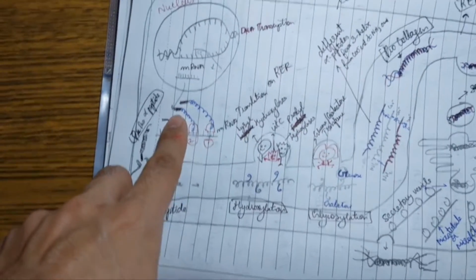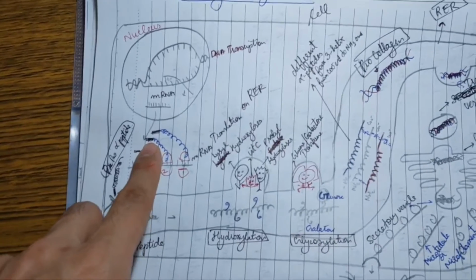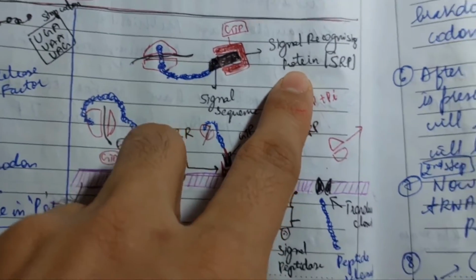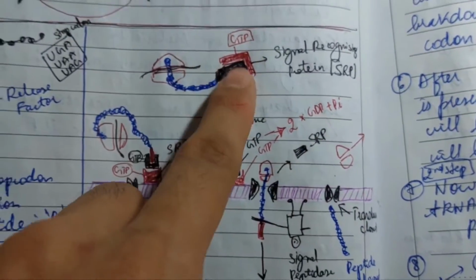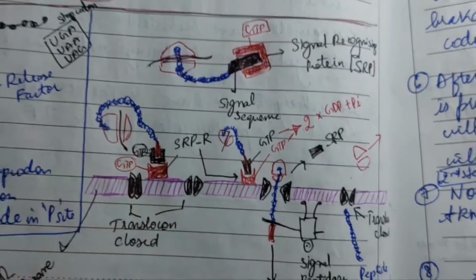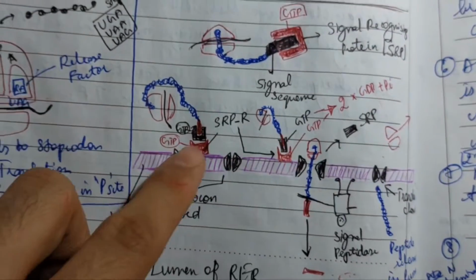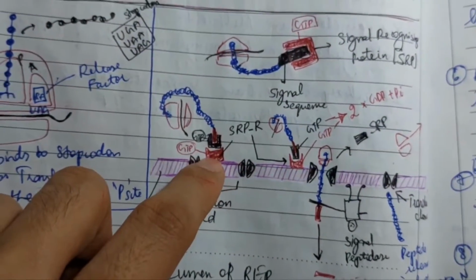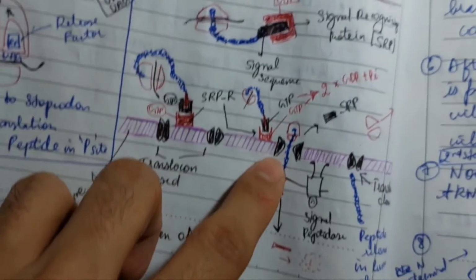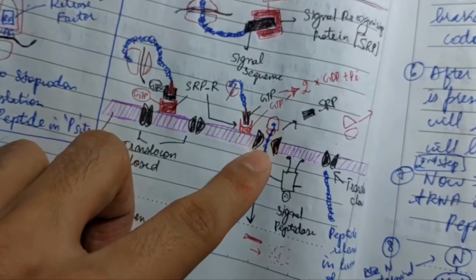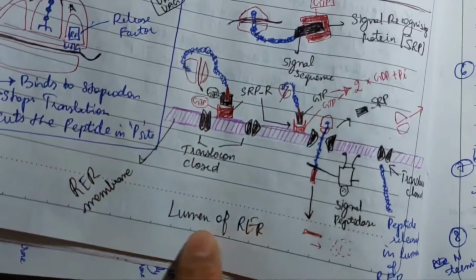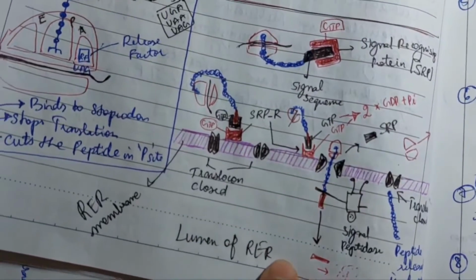Each peptide chain has a signal sequence, which was recognized by the signal recognition protein. That protein pulled the complex of signal sequence, peptide chain and ribosome towards the rough endoplasmic reticulum membrane, which had the signal recognition protein receptor. When both bind, they release energy to open a translocon, and eventually our pre-pro alpha peptide chain entered the lumen of the rough endoplasmic reticulum.